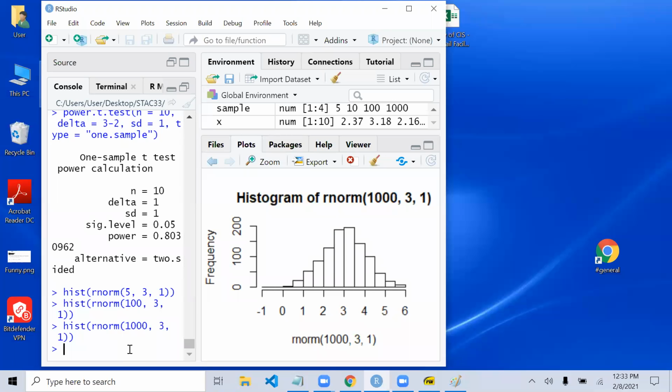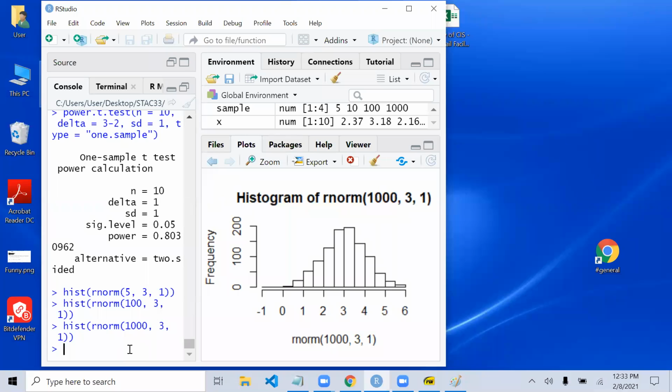Now, this is not an accident, right? The central limit theorem tells us that if we increase our sample size, we push our sample mean towards the true population mean at a rate of root n. So intuitively, it makes sense that we get a tighter standard error around our estimate.